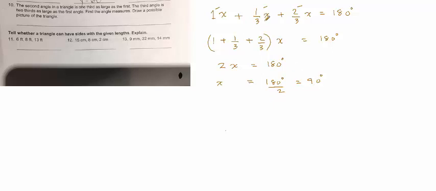The other two angles, well, 1/3 of x is 1/3 of 90 degrees, which is 30 degrees. And the third angle, you actually have more than one way of doing it.